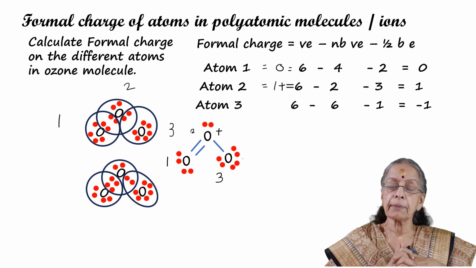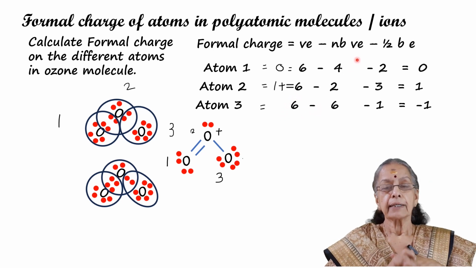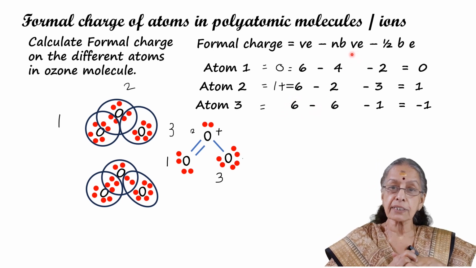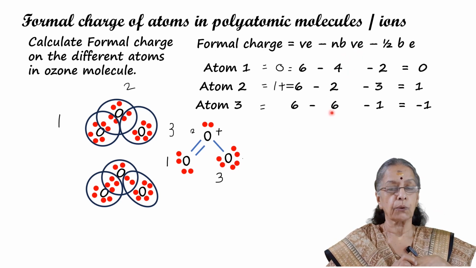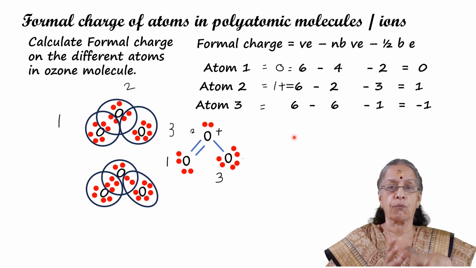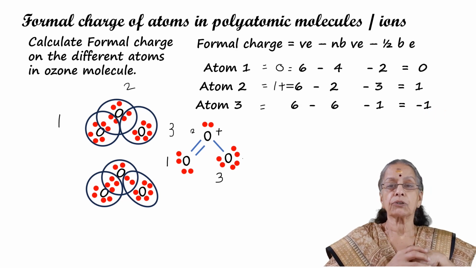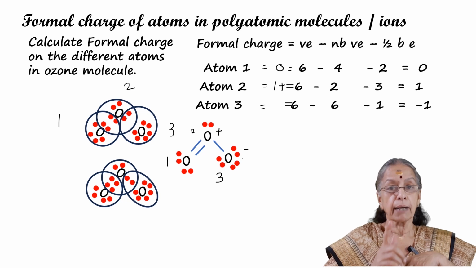Now, for atom number 3, again valence electron is 6. The non-bonding electrons are 6. So, 6 minus 6 is equal to 0. Bonding electrons is 2. Half of that is 1. So, 0 minus 1, that gives minus 1. So, the formal charge on atom number 3 is 1 minus.